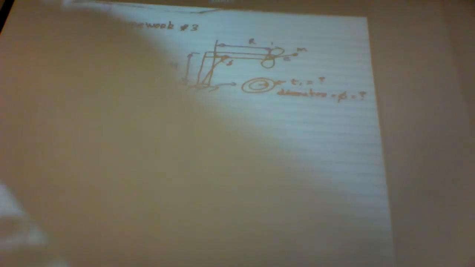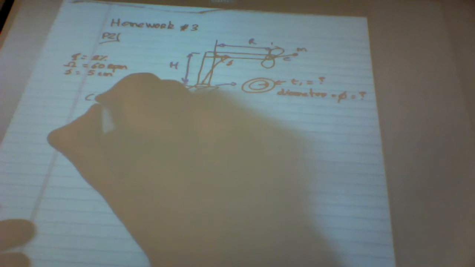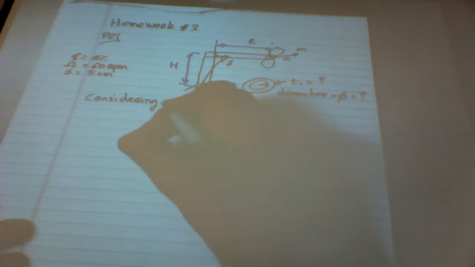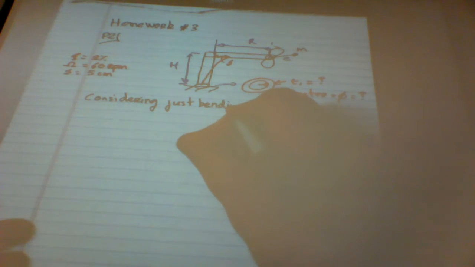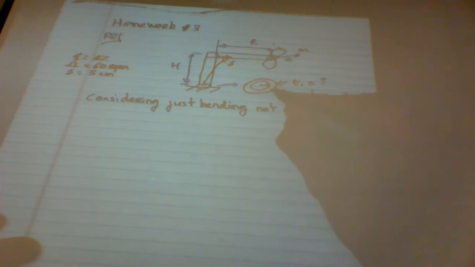So first I will say here, considering just bending, no shear. Maybe it would be good in the second part to check, after the thickness, if this is going to be resistant enough for shear, no?